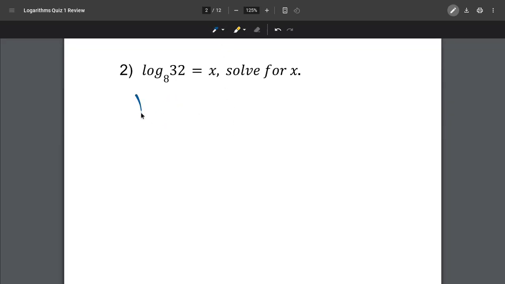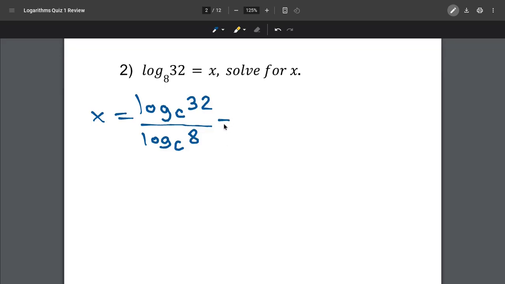So I want to rewrite this as x equals some log with a base we don't know, c, of 32, we'll figure out what c is in a moment, over another log with a base of c of 8.